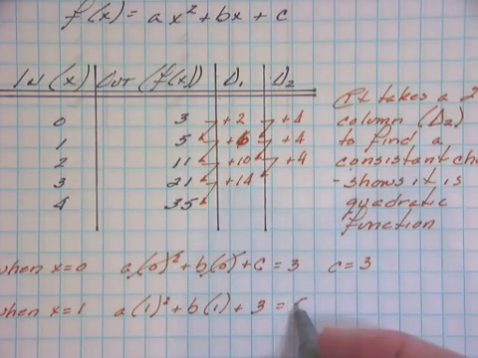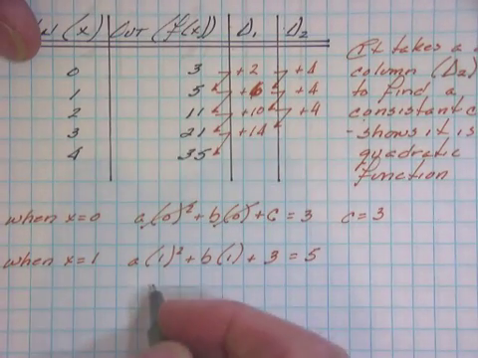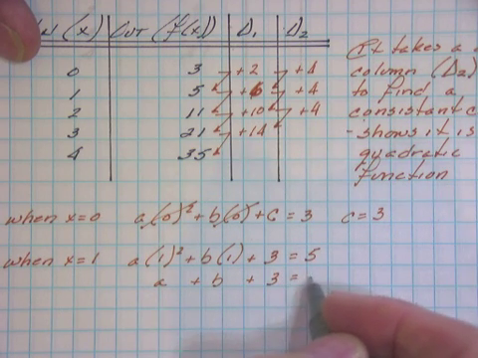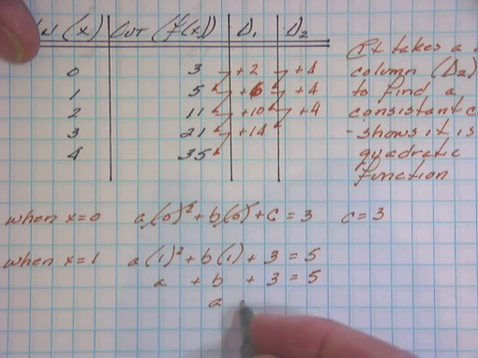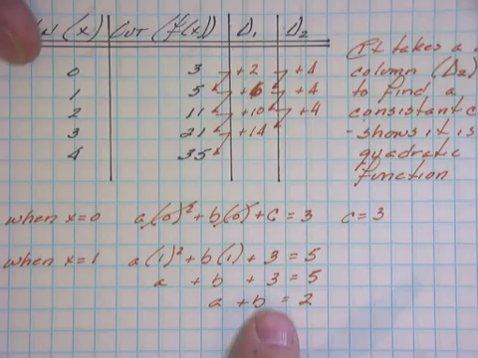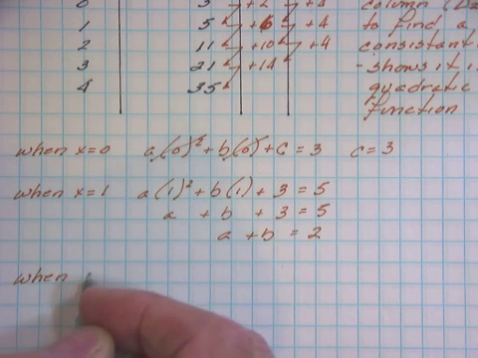So instead of writing a c, I'm going to put a 3. And I know that when x is 1, I get 5 out. So this equals 5. If we simplify this, we get a plus b plus 3 equals 5. Now I'm going to subtract 3 from both sides and I end up with a plus b equals 2. Now I need that, but I'm not ready to use it.